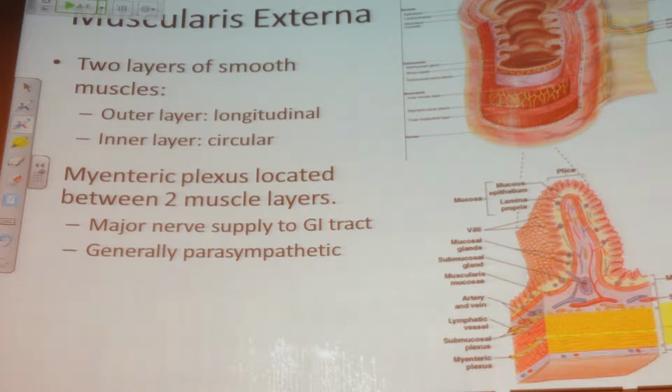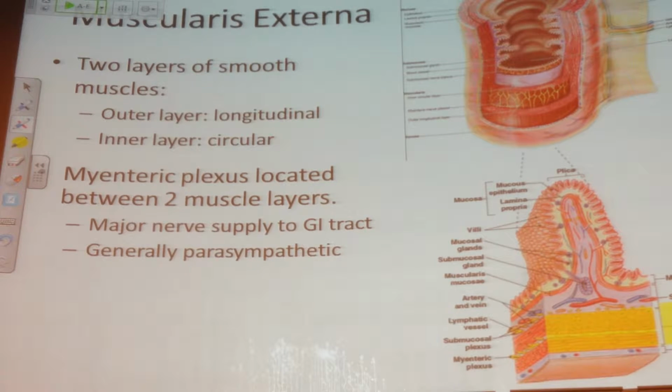Smaller. Smaller, okay, not a trick question. But the longitudinal, what do you think will happen? The digestive system will be shortened, right? Okay, so we're going to see why there need to be two and why this is useful.